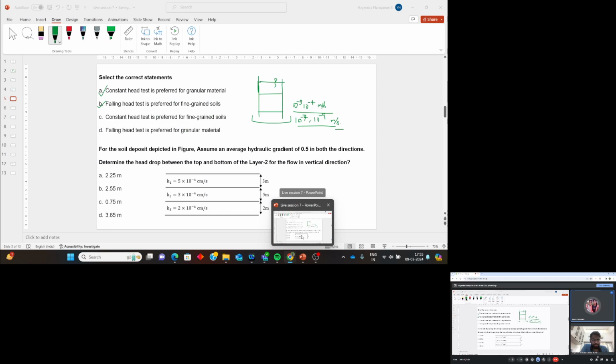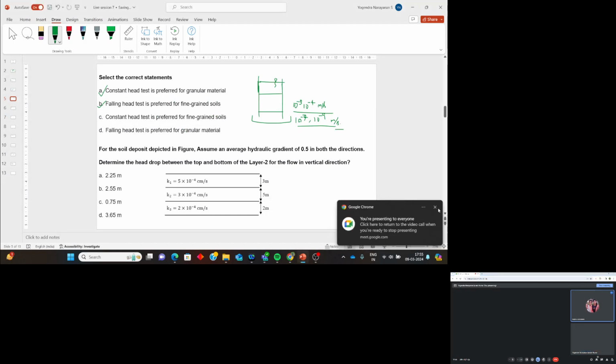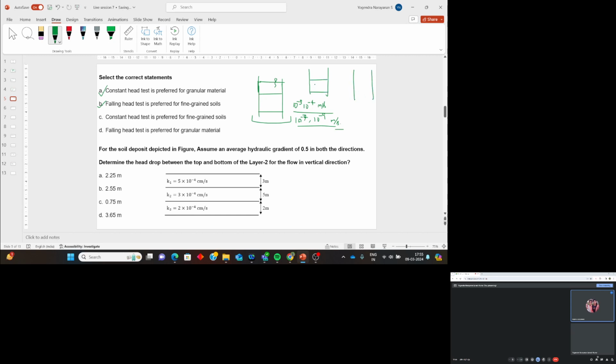So see, let me put it like this. You are preparing two soil samples. One is of coarse grained, that is granular. Another is of fine grained.